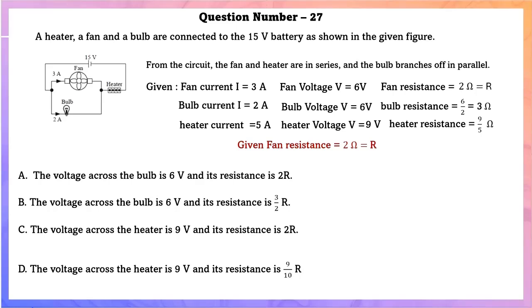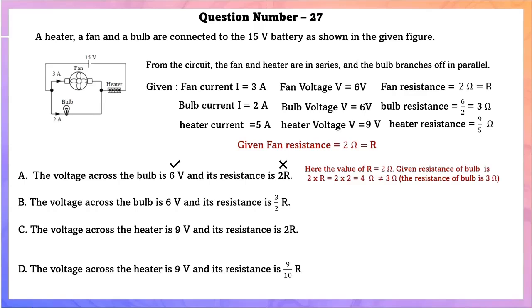Yes, this is correct. And the resistance is 2R. Here the value of R is equal to 2 ohms. Given the resistance of the bulb is equal to 4 ohms, not 3 ohms. So this is wrong. B.